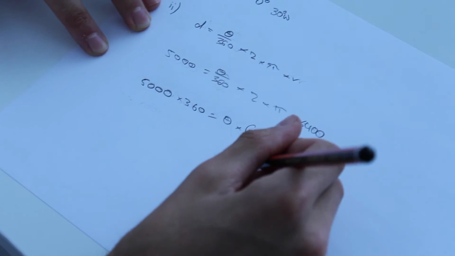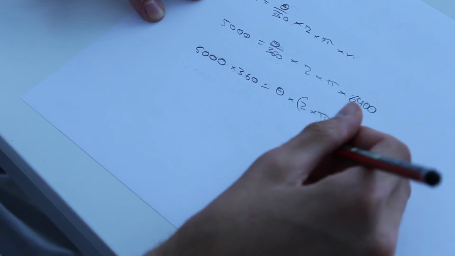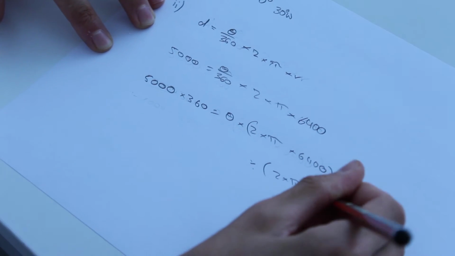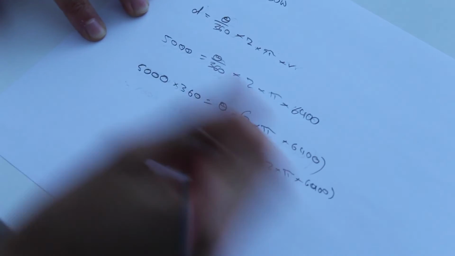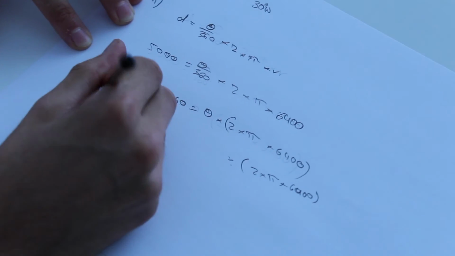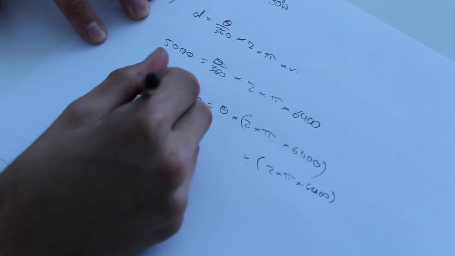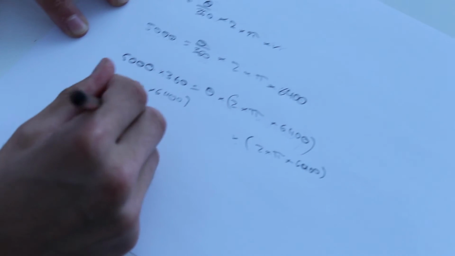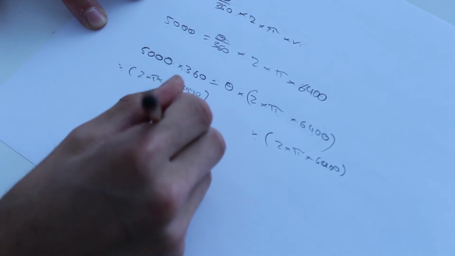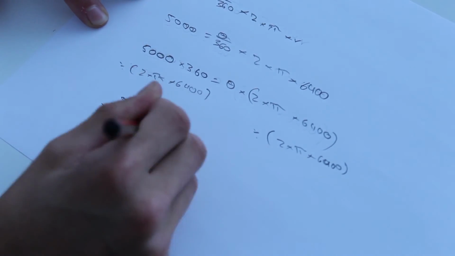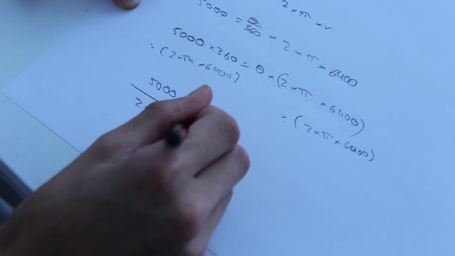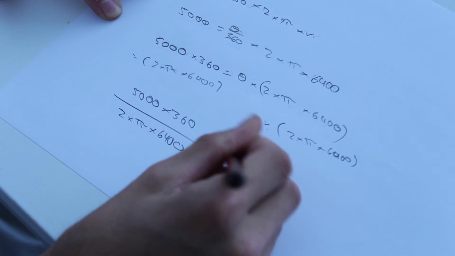So we divide by the brackets, so 2 times pi times radius. Then we bring this over to the other side. So what we do one side, we have to do to the other. So we just do the same here. So now this is equal to 5,000 times 360 over 2 times pi times radius, which is equal to theta.